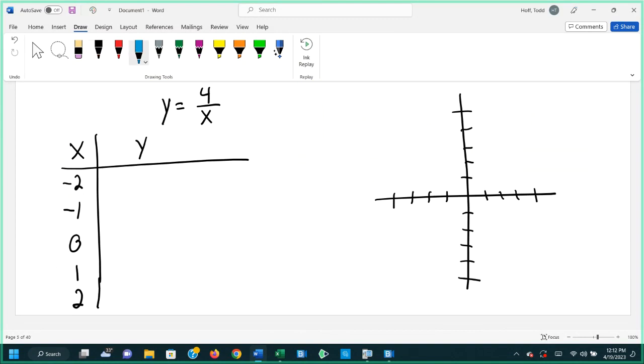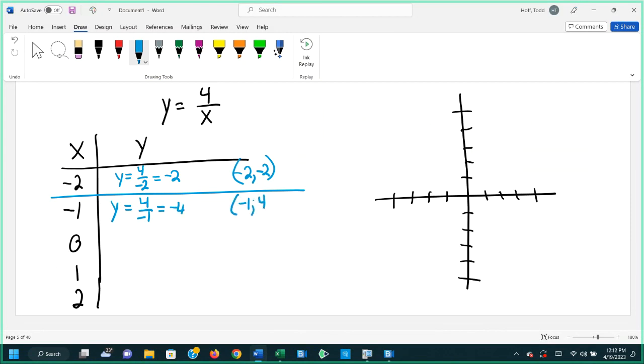So if x is negative 2, y is 4 divided by negative 2, or negative 2. So x is negative 2, y is negative 2. If x is negative 1, y equals 4 divided by negative 1, or negative 4. X is negative 1, y is negative 4.